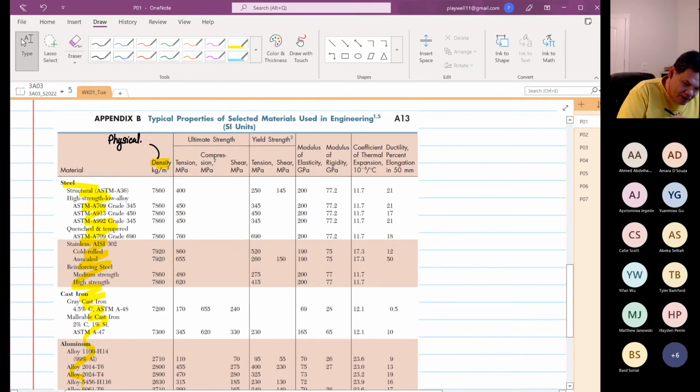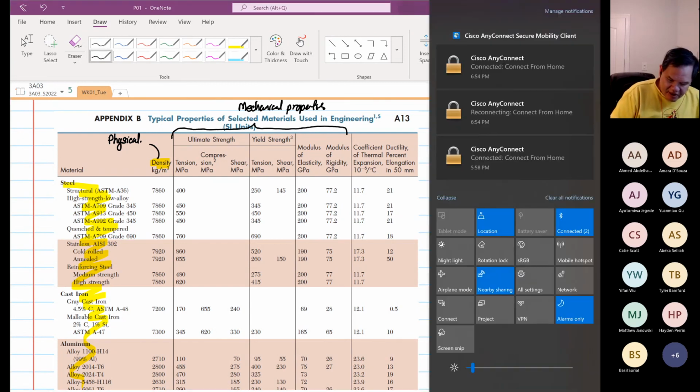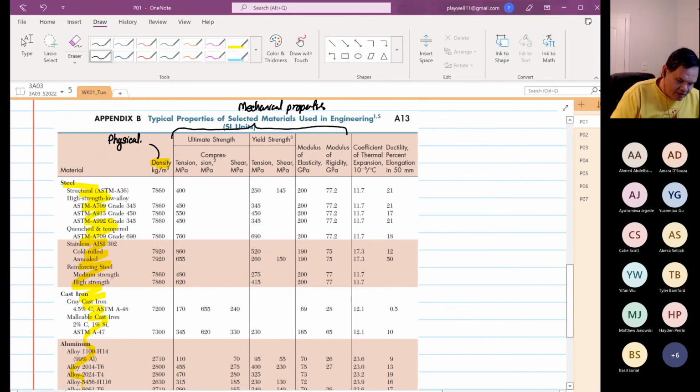Then in the next few columns over here, these are all your mechanical properties. These are the properties that we will use to select the material that you have chosen for a particular loading system.